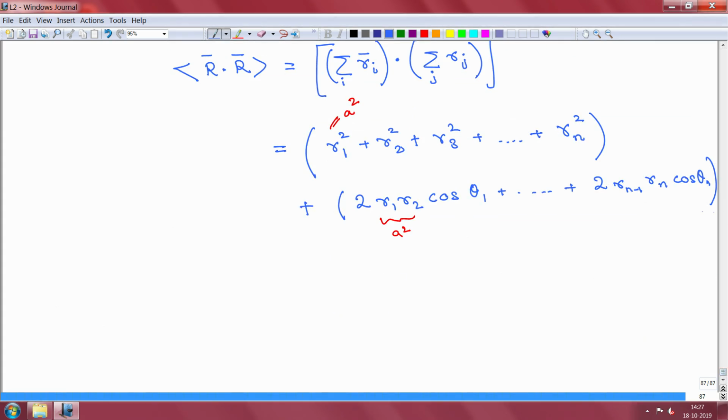So, this entire thing will sum over to yield 0, because these thetas are all random numbers and they are distributed equally between 0 and 2 pi. So, finally, you are just left with n times a squared. So, your length, which is going to be half of this, is basically a times root over n.